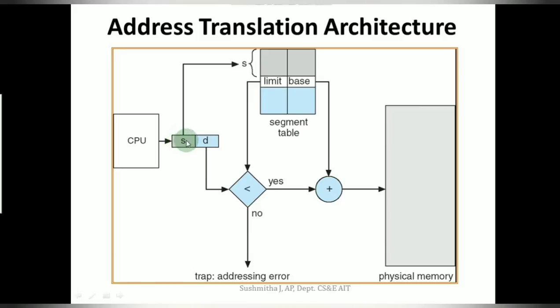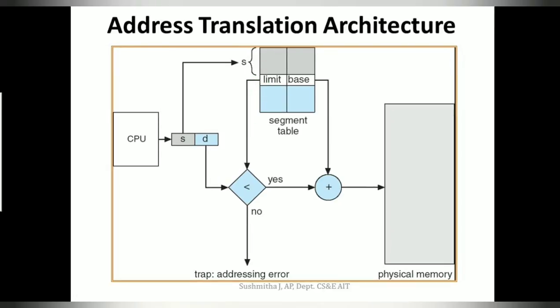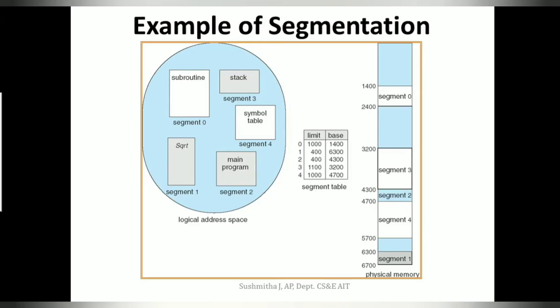If the offset is not between 0 and the segment limit, then it is an illegal operation or not the right address. If the offset is legal, then it is added to the segment base to produce the physical address. Next we will see an illustration of the same.